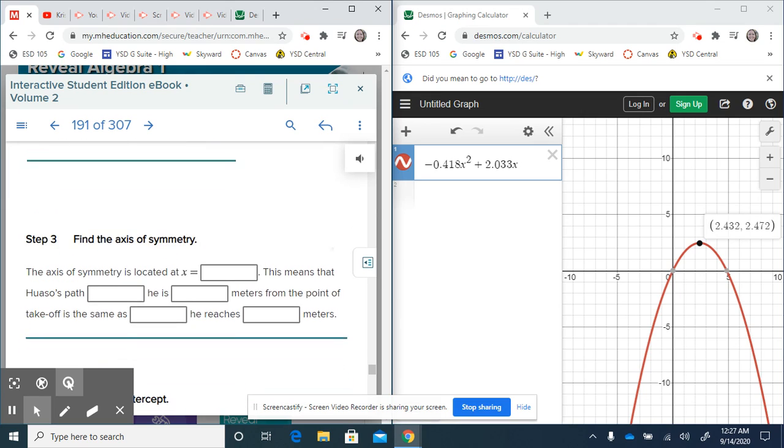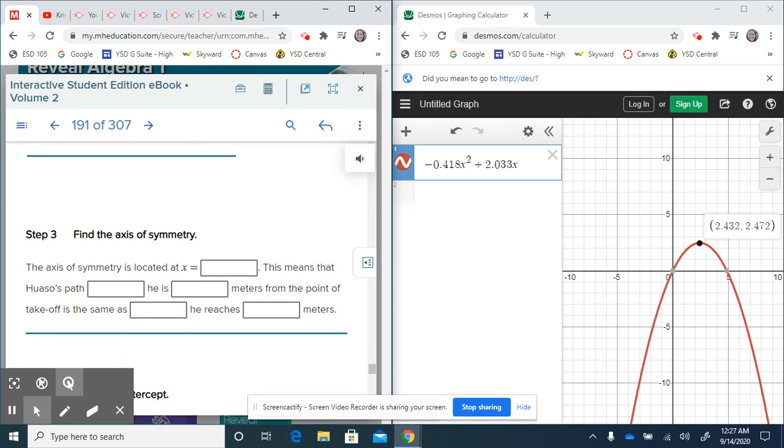The next step is trying to find the axis of symmetry. Well, the axis of symmetry is just going to be the x value for our vertex. And so the x value for our vertex is 2.432. So at x equals 2.432, this is going to be where the axis of symmetry is.